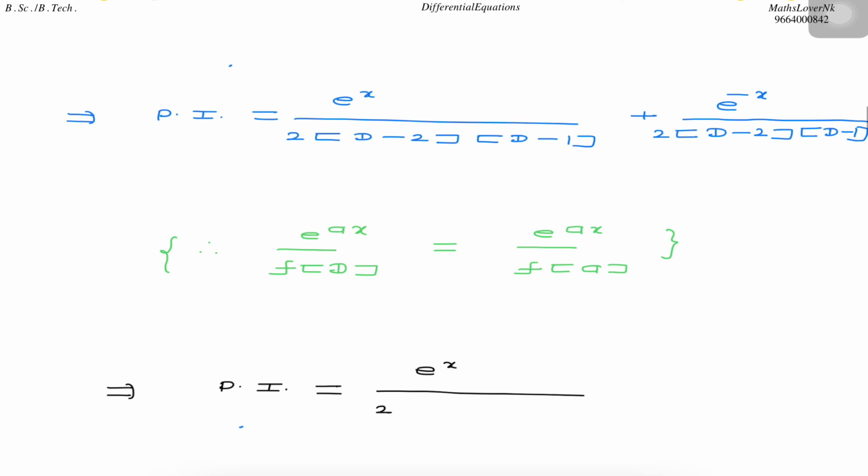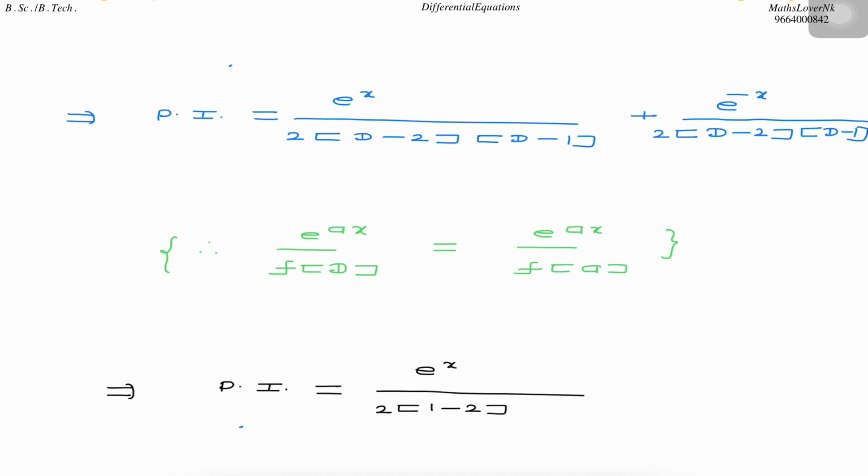So PI is equal to e to the power x as it is upon 2 as it is. Here a is 1, so D equal to 1 gives 1 minus 2.